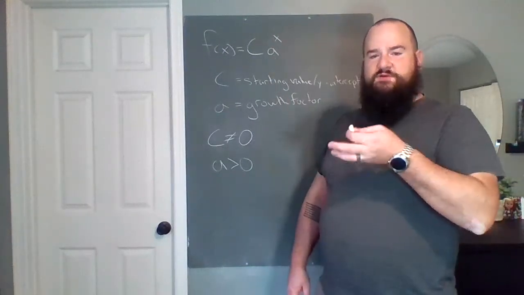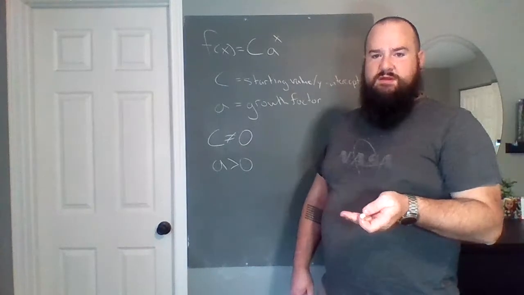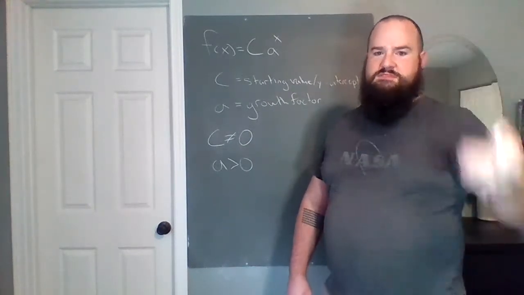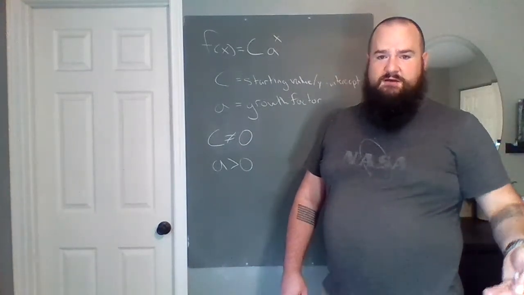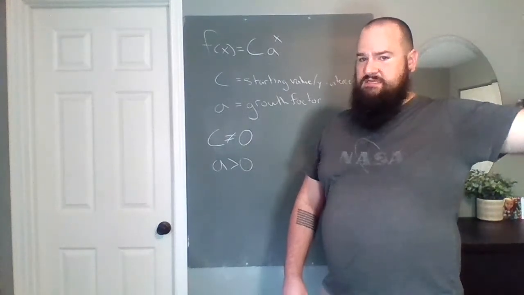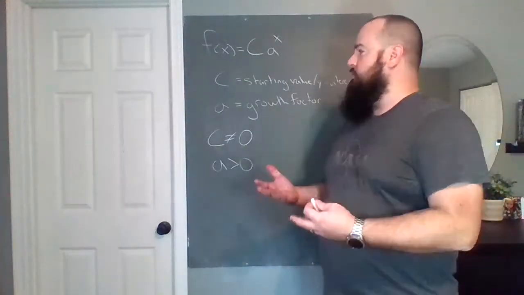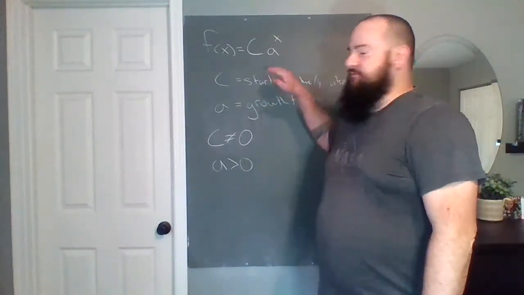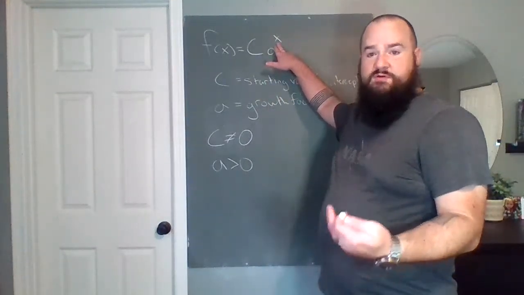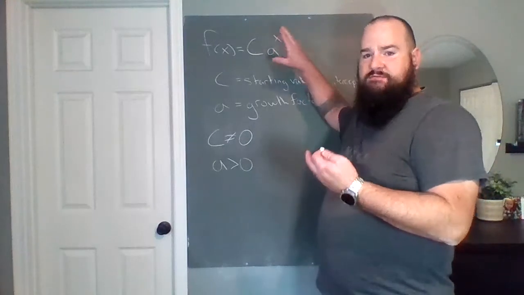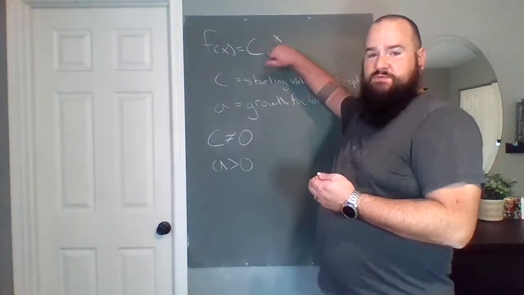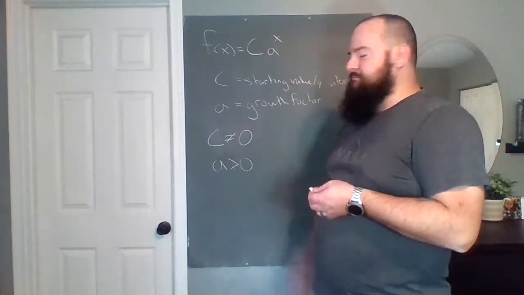Well, negative 2 to the first power is negative 2. But negative 2 squared is 4. Cubed is negative 8. To the fourth power is positive 16. And so we get this bouncing back and forth that doesn't really work as a function. Also, if x is, say, a half, we don't know the square root of negative 2. So negative 2 to the 1/2 doesn't work.